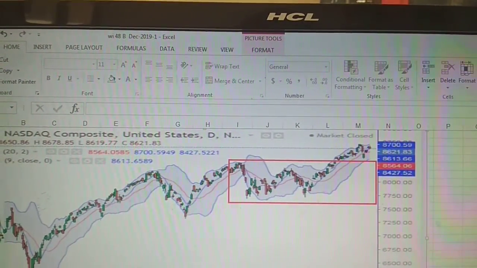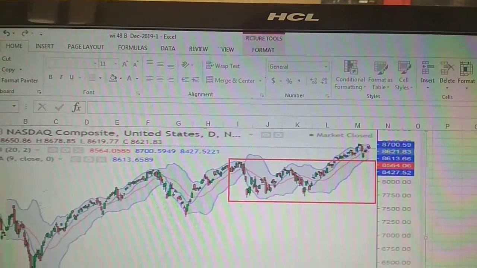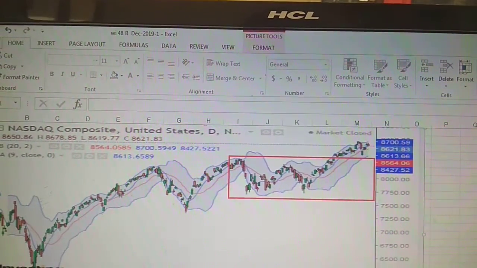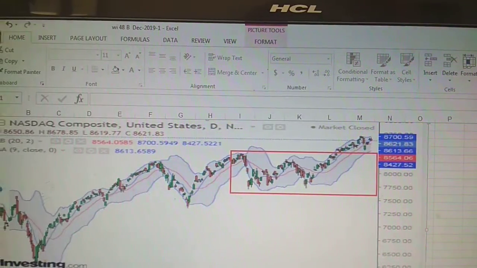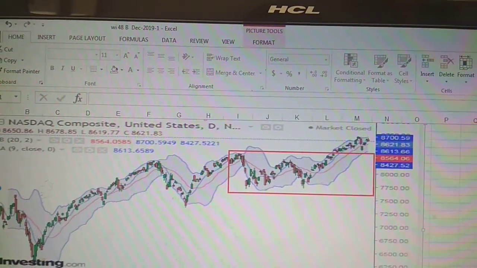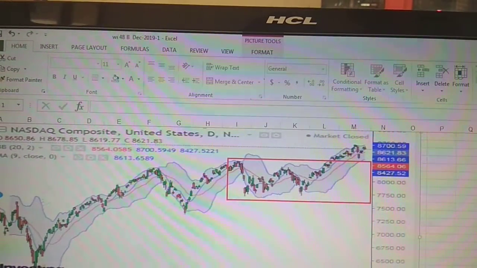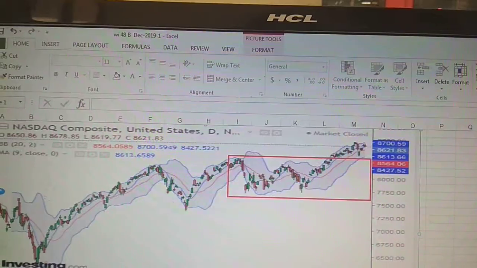The 8564 level is the strong support and you can trade Nasdaq for the upper level, taking a stop loss of 8564, and the near target is 8850.